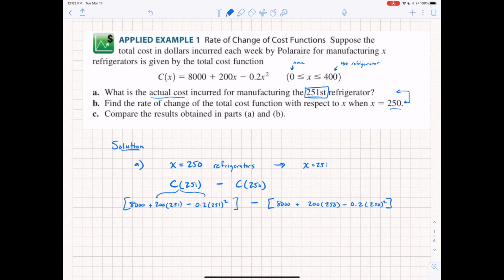So I'm going to use my calculator on my phone and figure out how much this would be. So I've got 8,000 plus 200 times 251 minus 0.2 times 251 squared. So I get 45,599.8, minus 8,000 plus 200 times 250 minus 0.2 times 250 squared, which is 45,500.